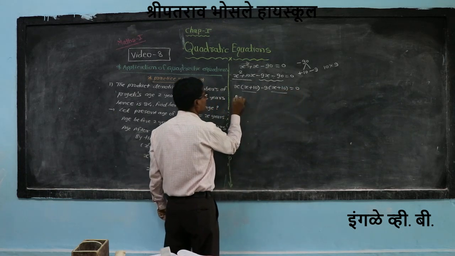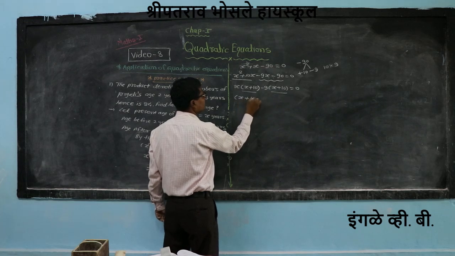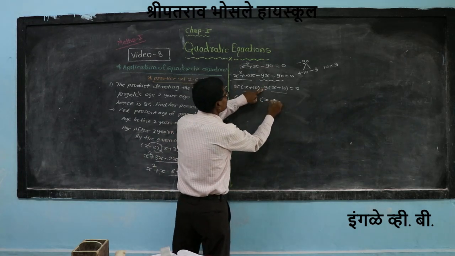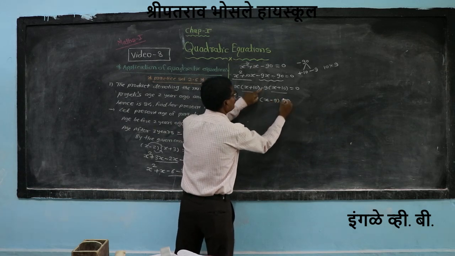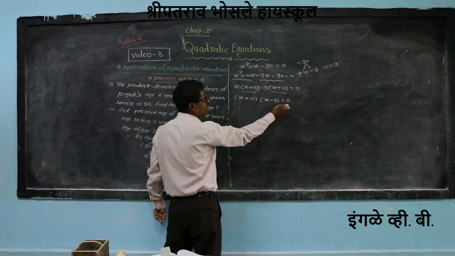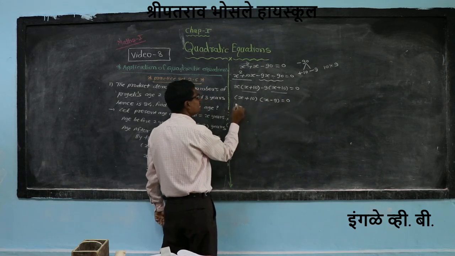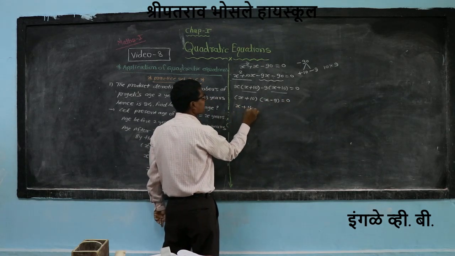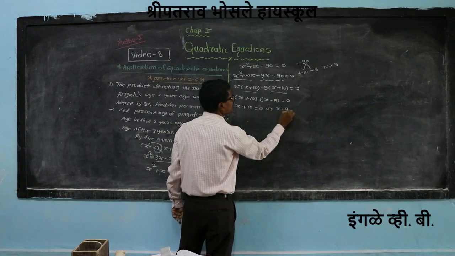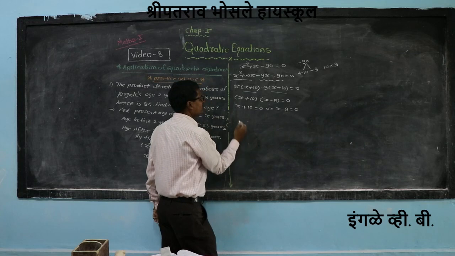Both brackets are the same, so take one side, x plus 10, second bracket x minus 9 is equal to 0. The product of these two terms is 0, that means at least one of them is 0. x plus 10 is equal to 0 or x minus 9 is equal to 0.